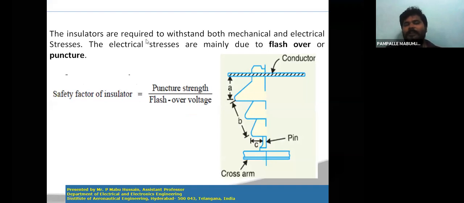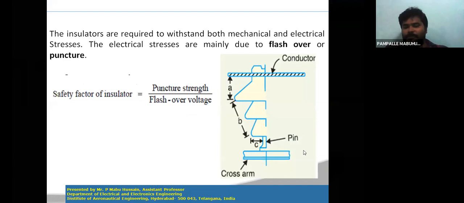You know that insulators are required to withstand both mechanical as well as electrical stresses. Electrical stresses arise whenever the voltage across the insulator goes on increasing, and the stress on the insulator becomes very high. The electrical stresses are mainly flashover and puncture.